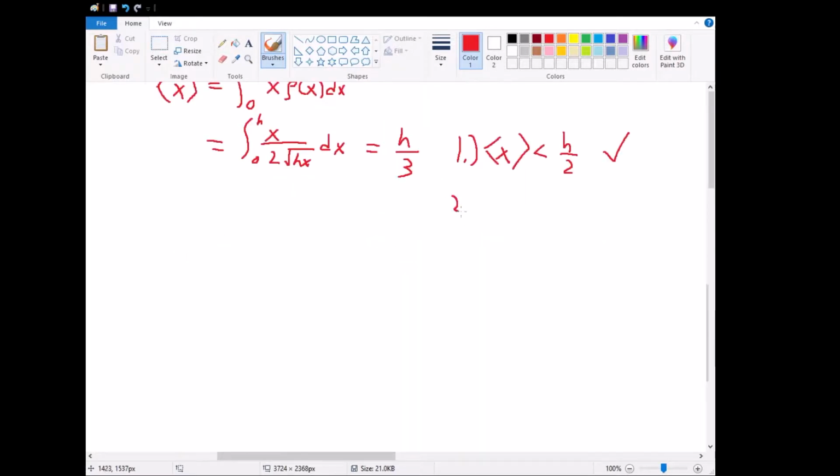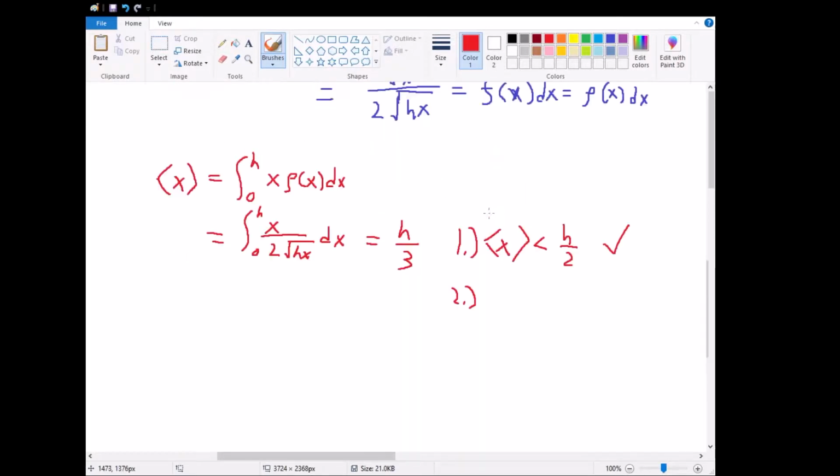Our second condition is that this is a probability density, so we can check whether or not our answer makes sense by setting an integral from 0 to h of rho of x dx, and that has to equal 1. So we can do that right now.